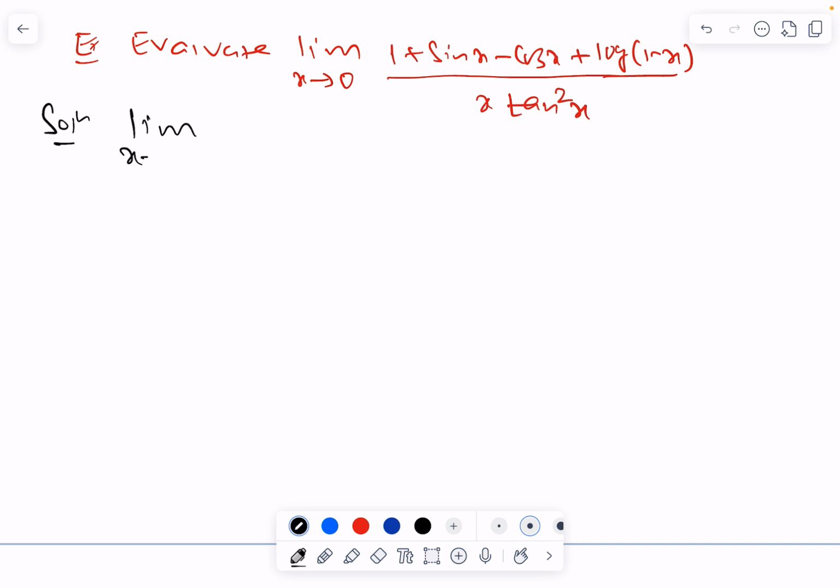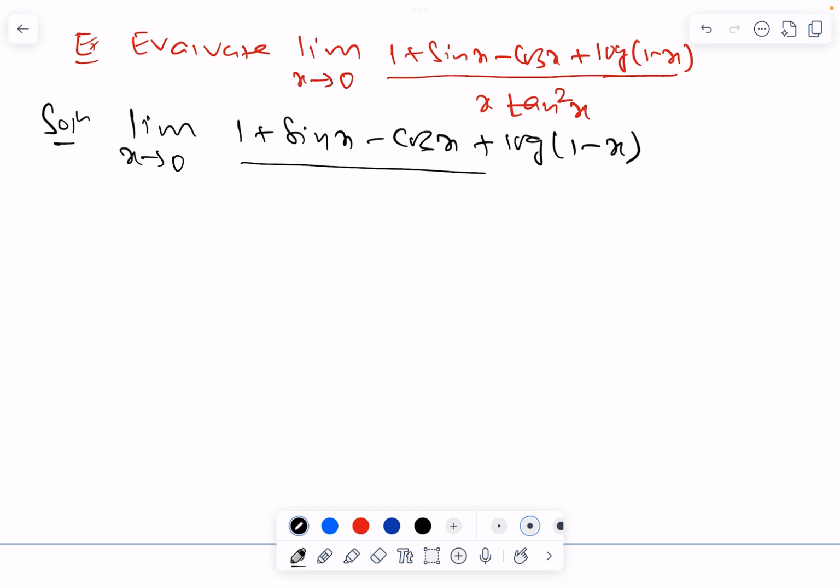Limit x tends to 0, (1 plus sine x minus cosine x plus log of 1 minus x) over x tan square x.